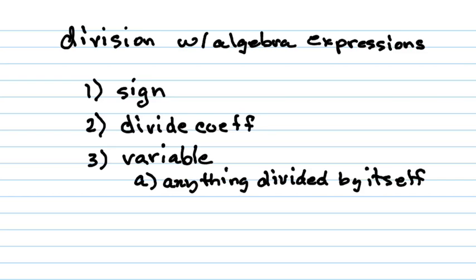Building divided by building. It doesn't matter. Because remember, division literally means how many times can I fit this thing inside of this other thing? And how many times can you fit something inside itself? One time. Okay? So anything divided by itself always equals 1.